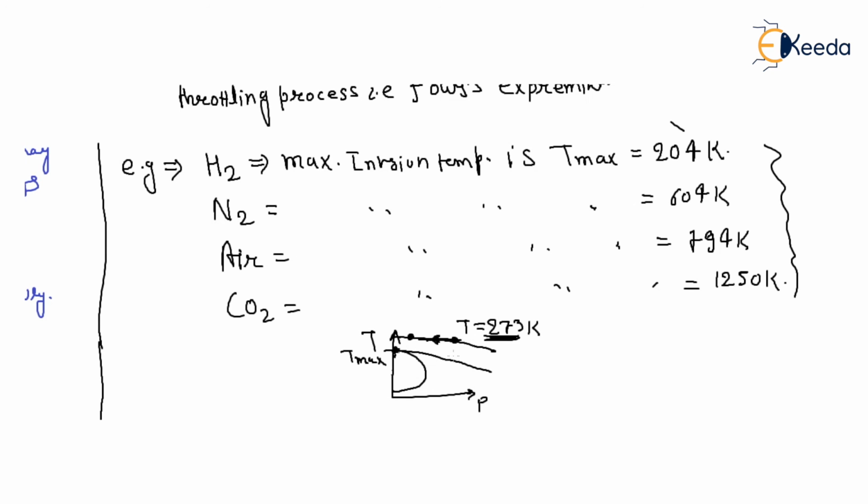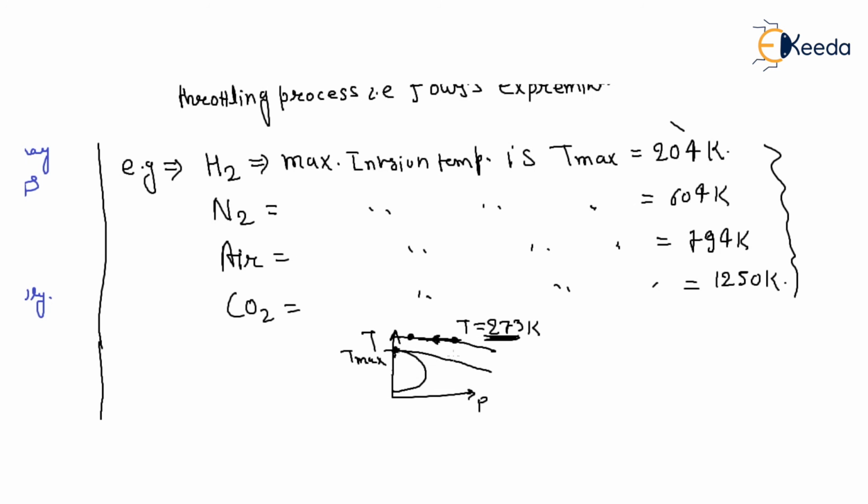Similarly, if there is such a high inversion temperature, you compress that gas, so the pressure will be high and the gas will increase its temperature. Now you cool the gas with a coolant at a constant pressure. Then the gas temperature comes down to a certain value below its maximum inversion temperature. Then you throttle the gas and you get a cooling effect.